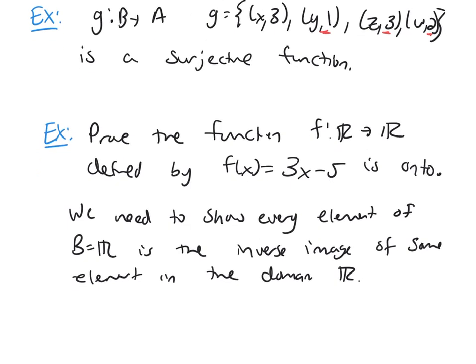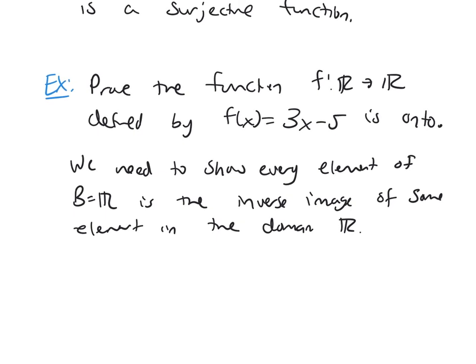So usually when we work with functions, it's much more common for us to think about plugging in numbers for x. So for example, f of 0 would be -5. But that's not what we're doing here. We're starting with an element in the codomain. So for example, I need to find an x so that my function outputs 1.